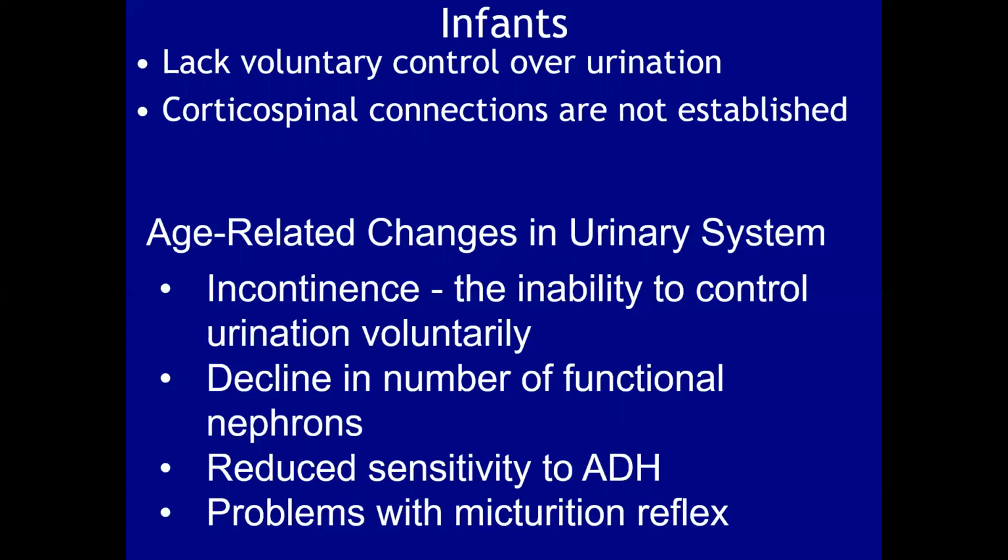Bashful kidneys really doesn't make any sense, but that's what it's called sometimes. And then they have difficulty urinating in public. So think about the toddler again. What happens? You have to be able to make that toddler relax. So you have them sing or read a book, say their ABCs, and they finally relax so that they can urinate. So they lack voluntary control over urination.